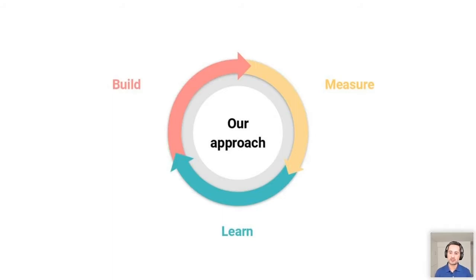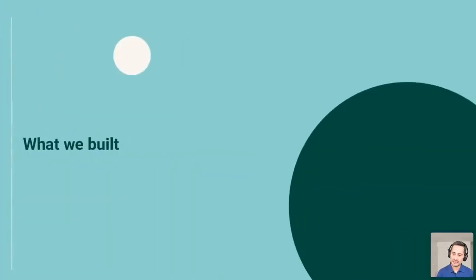So in this methodology, you first build something small, and then you measure its impact, and then you learn from your measurements, and then you decide what you're going to build next, and you continue iterating like this. So you always take small steps, and you learn from your steps, and then you use your learnings to build the next thing. So in that manner, we're going to talk about the things that we built, how we measured the things that we built, and our learnings from it.